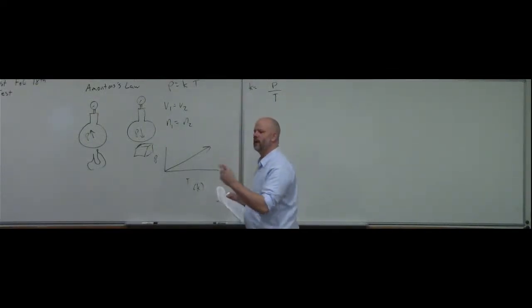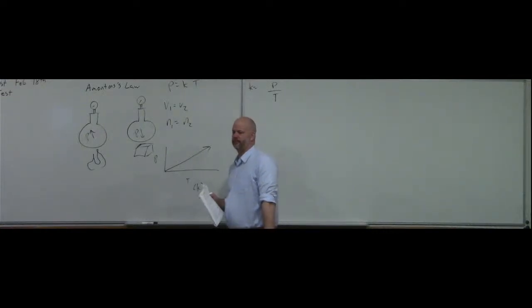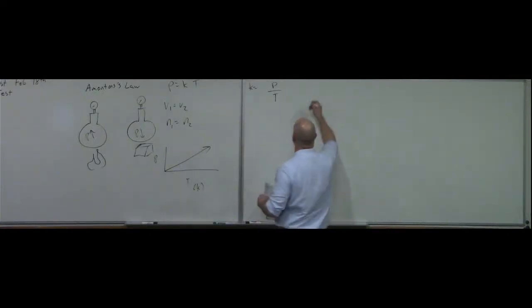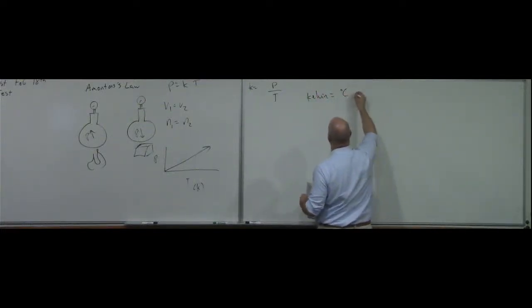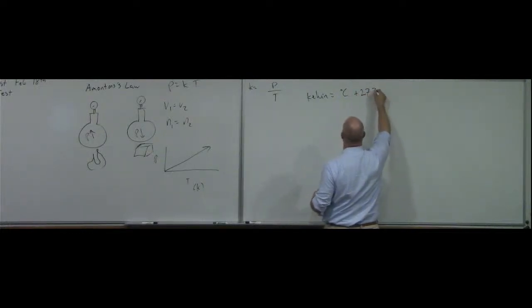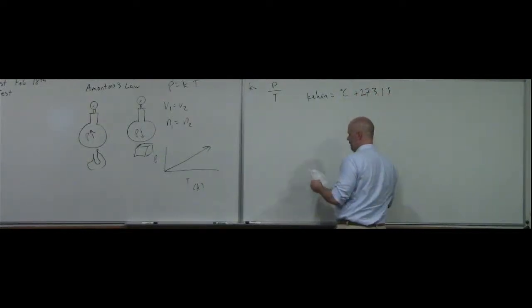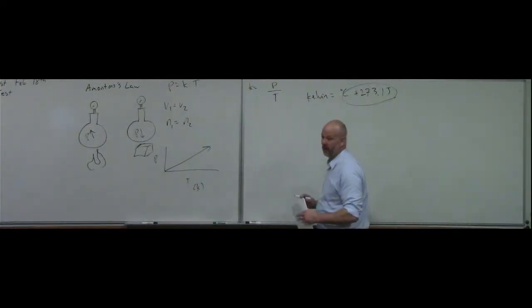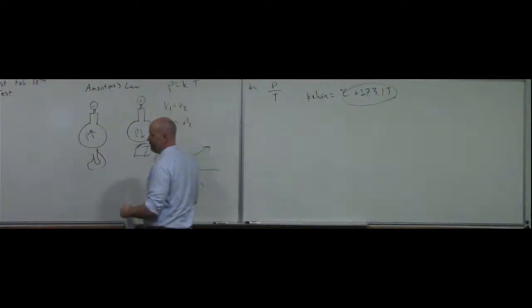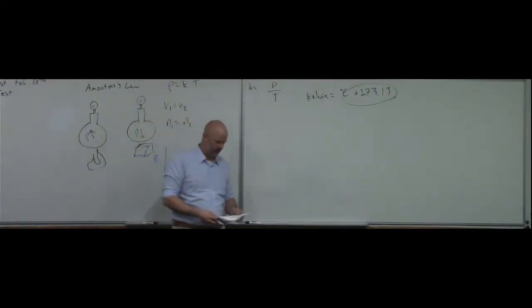Do you know how to get from Celsius to Kelvin? It's like 200 something, is it? Kelvin equals degrees centigrade plus 273.15. That you have to know. I don't remember the number exactly, but I knew this.